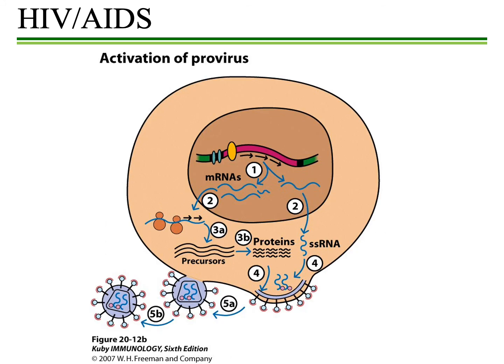Now, the double-stranded DNA viral copy of the genome that has been integrated into the host can lay dormant inside the host genome for a long period of time. What allows for this dormancy and the length of the dormancy is still not 100% understood.